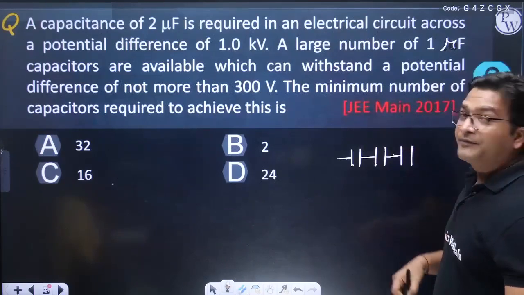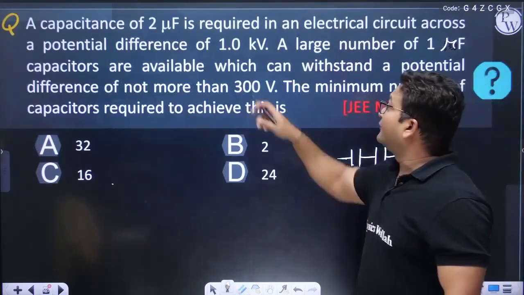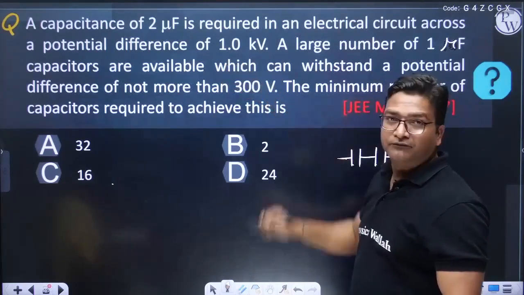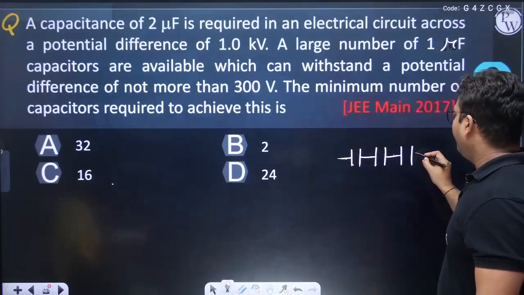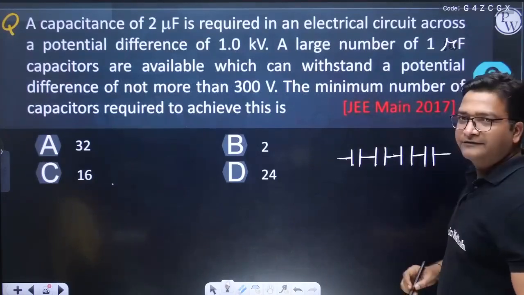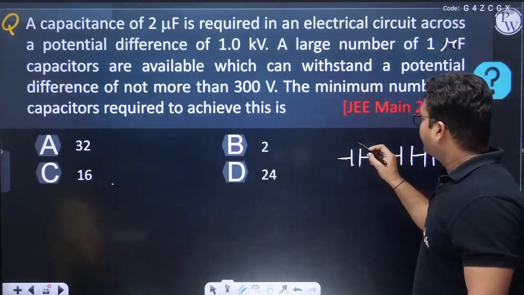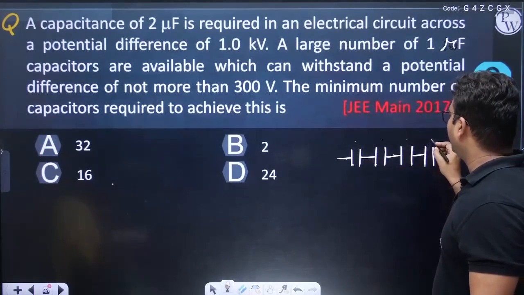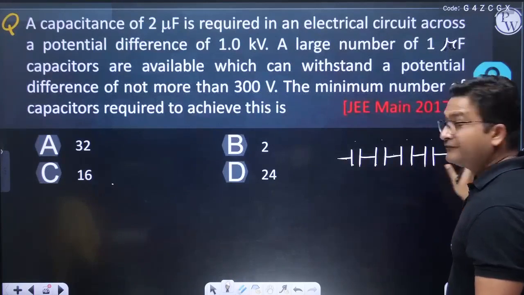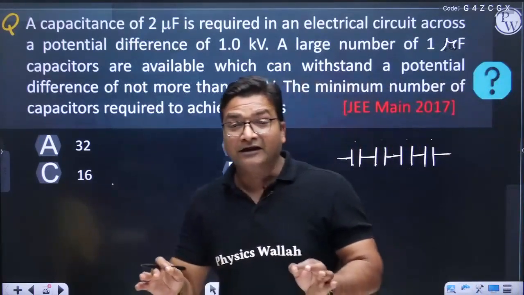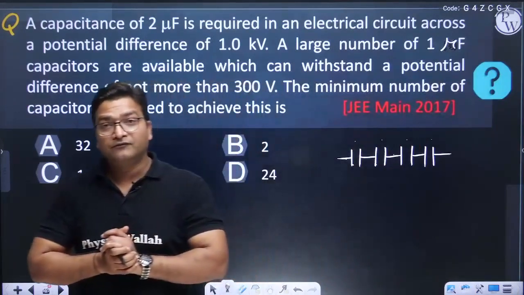This is also less than what is required, where the requirement is 1000 volt. If I put one more capacitor in series, this will take 300 volt each, so we have a system of capacitors which can take up to 1200 volt.